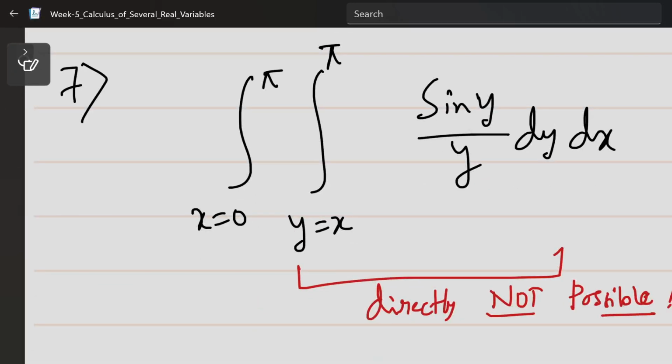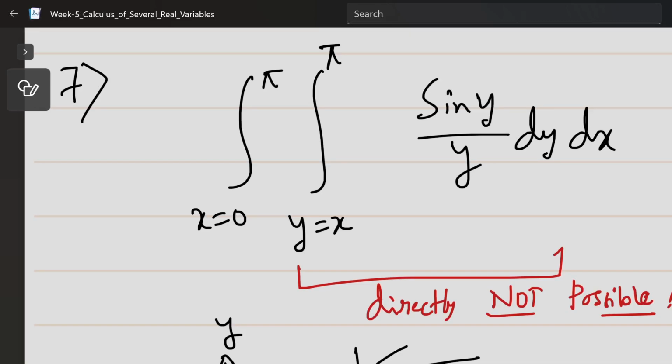What is that? First, for that you have to draw the region where the integration is going to be taken. So as you see that x is from 0 to pi, so that means this line, and y is from x to pi. Y equal to x means this line, and y equal to pi means it is parallel to x-axis. So this is the region. First, I was taking vertical strip so that I will get first y, but here I will take horizontal strip.